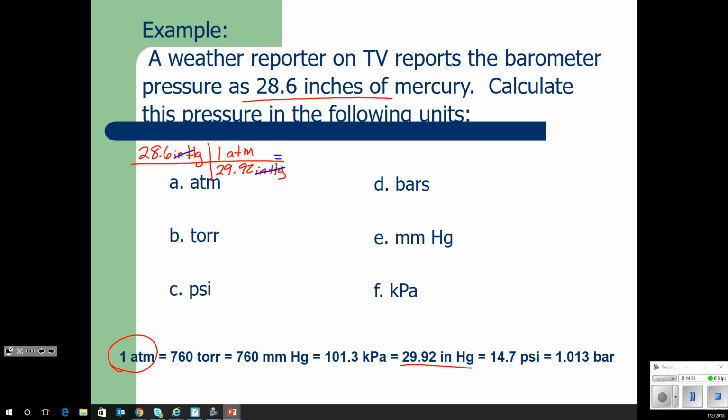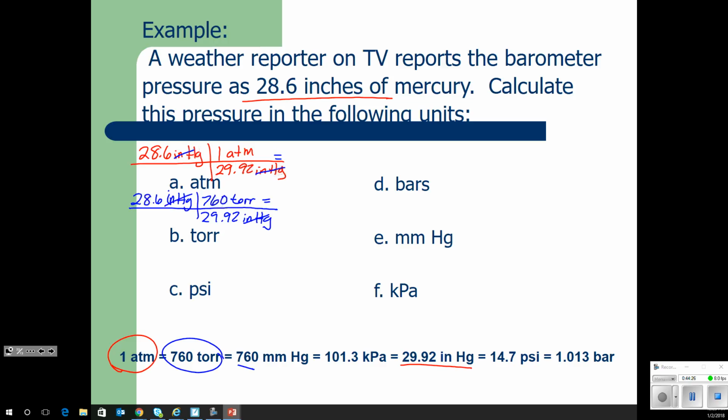Okay, torr, the same thing. You start with what you're given, 28.6 inches mercury. I want to get rid of that, so the 29.92 goes on the bottom. This time, though, I want to go to torr. So torr is right here. So I'm going to put 760 torr on the top. Inches mercury will cancel.